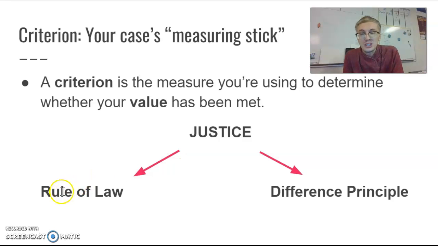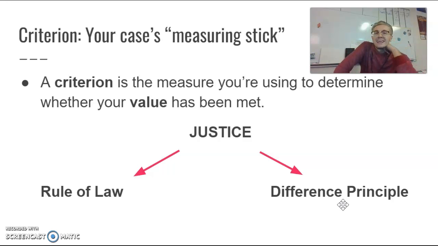So you can't be too rich to go down, or it doesn't matter that you stole something because you're in poverty. We're still going to charge you the same way as if you had stolen something just for fun. So rule of law says you achieve justice when the law is followed as it's written. No one's above it. Difference principle, on the other hand, has a different take on justice.